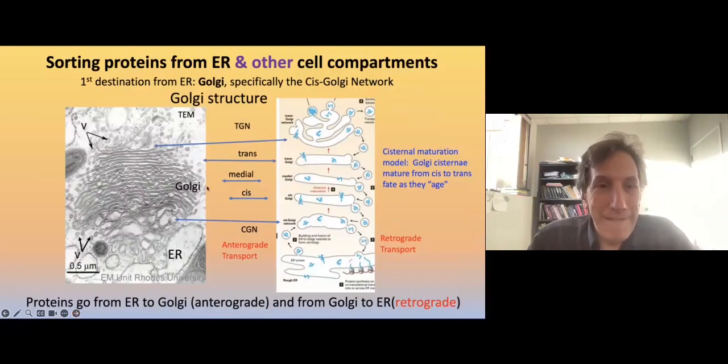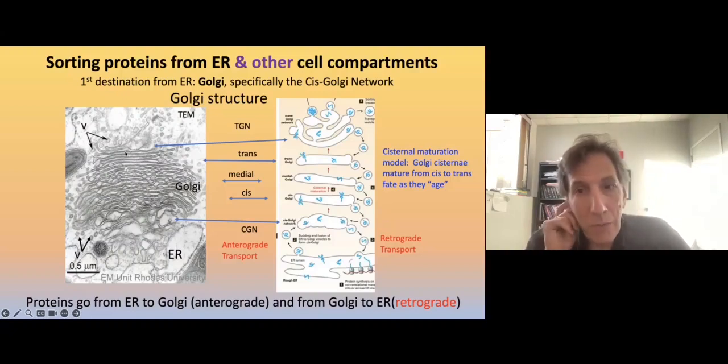Actually, pretty quickly. So here is the ER. You've seen just a small part of the ER here. And then that part of the ER that is near the nucleus is also connected to this organelle called the Golgi, which is a unique organelle in one way, in that it's not a single compartment.